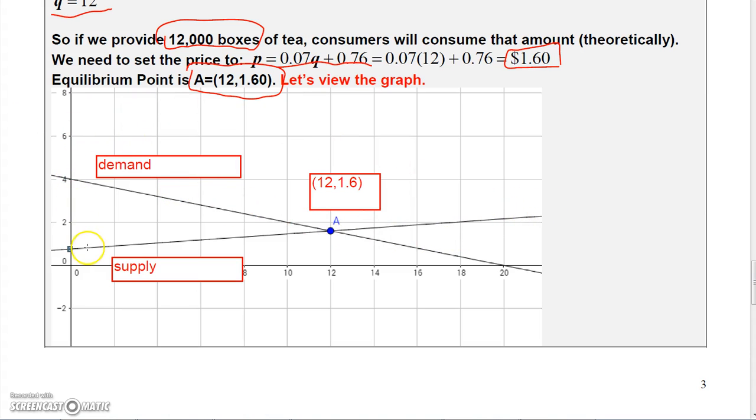So that basically tells you the suppliers are willing to supply more if they can get more money, whereas consumers are willing to consume more if they can pay less money. And then you can see the equilibrium point right here at 12, 1.6, where the two graphs cross one another.